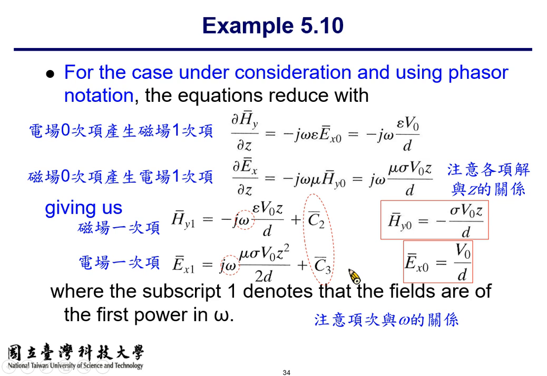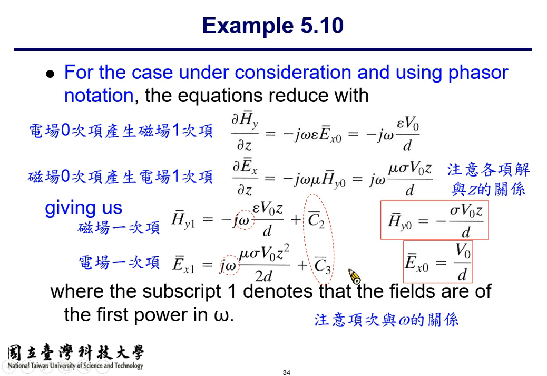So where do we look to find the C2 term? The C2 term is accompanied with Hy1, okay? And we know the boundary condition is there's no current on the right-hand side. So C2 can be easily determined as 0.